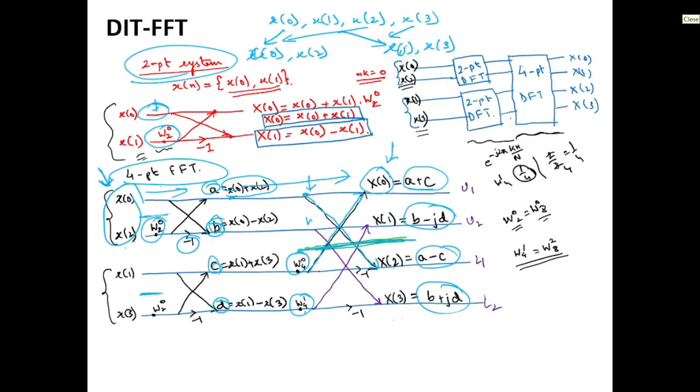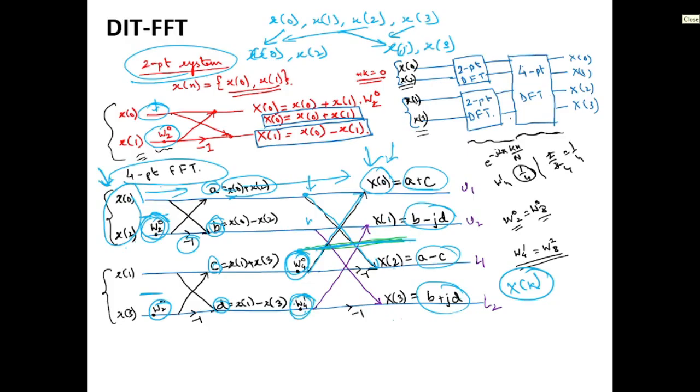Okay. Now if I have to do inverse DFT, I have to take this xk value in the decimated form as the input. These twiddle factor values will become the conjugate values.